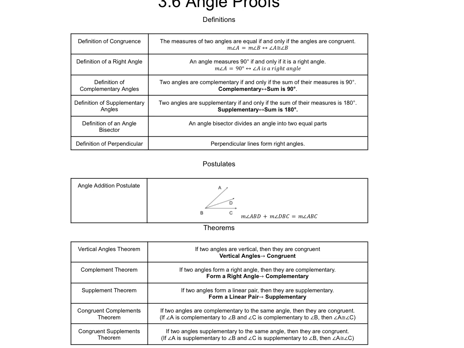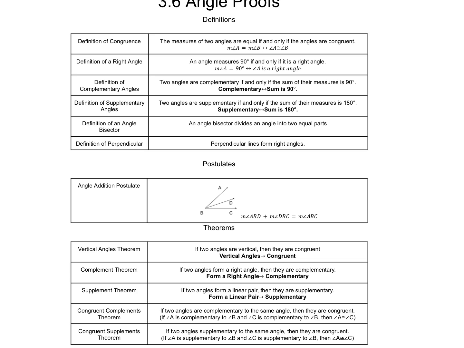So, if angle A is congruent to angle B, then the measure of angle A would be equal to the measure of angle B. And vice versa. If I can prove that the measure of angle A is equal to the measure of angle B, then, therefore, the angles are congruent. Angle A is congruent to angle B. So it works both ways. That's what that two-way arrow means there.